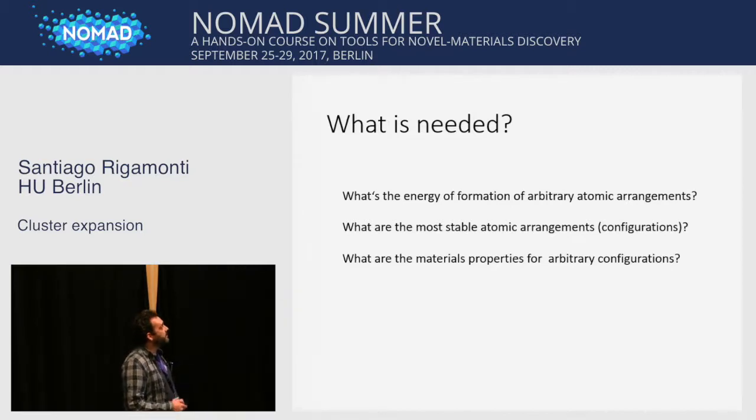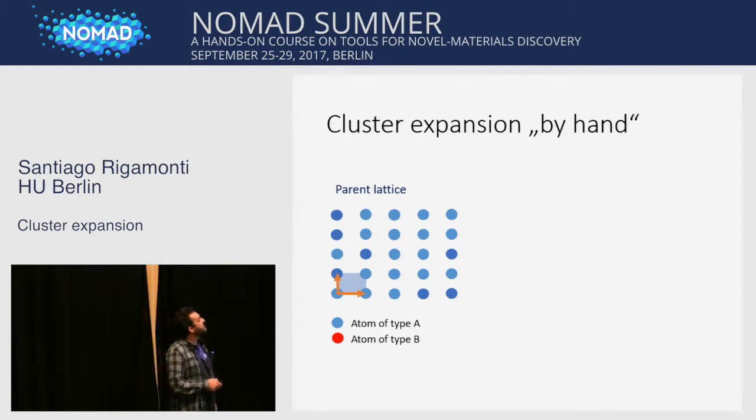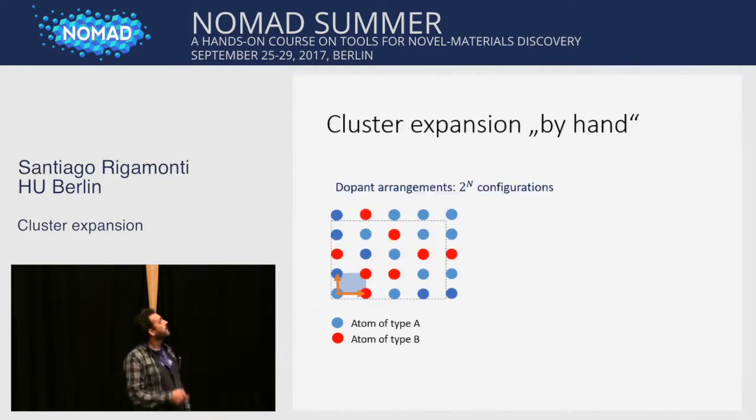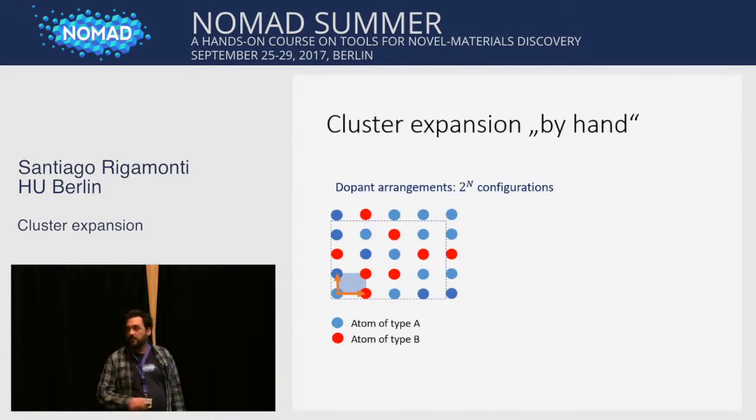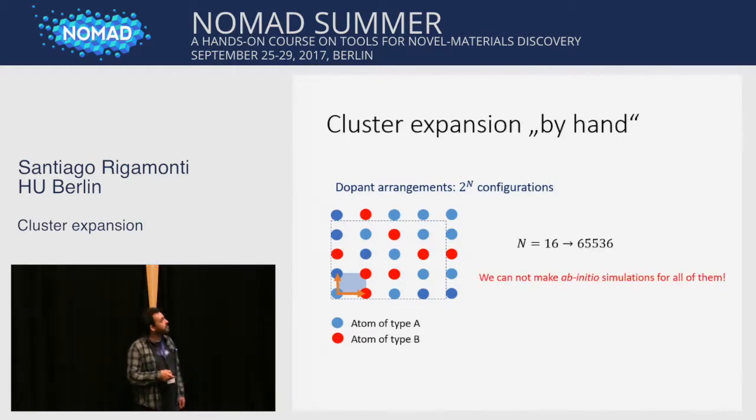So, as you can imagine, this is difficult to obtain, since if we consider a crystal lattice with a parent lattice as indicated here, you see this crystal is a repetition of this parent lattice. And then we consider a supercell of this crystal composed of 4x4 lattice sites. The number of possible configurations for atoms of the type A and B in the crystal is quite large.